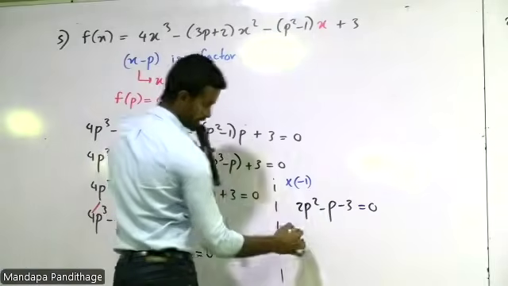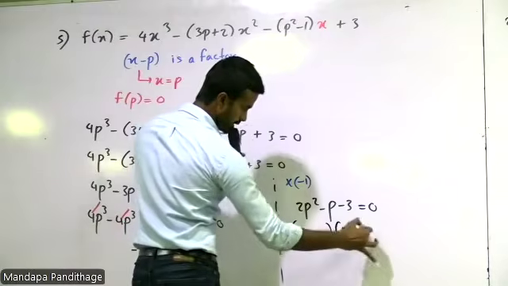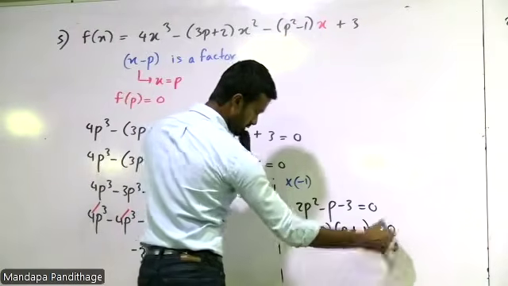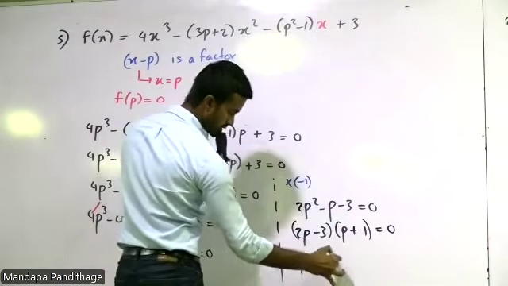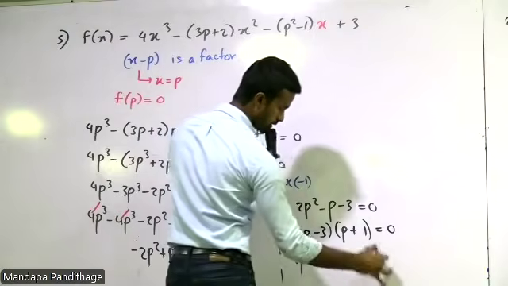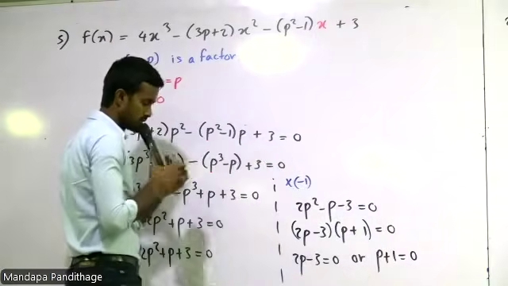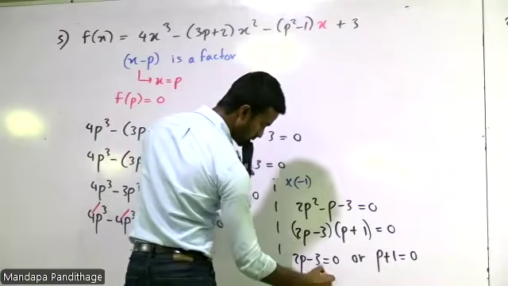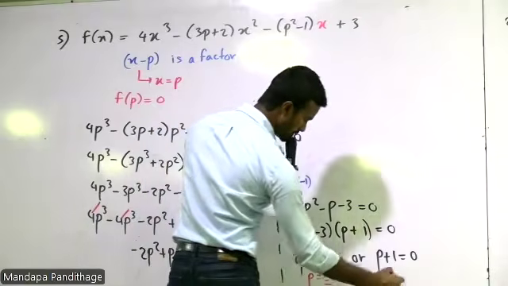Okay, here, when you factorize, it's (2p minus 3)(p plus 1) equals 0. You are getting two answers. 2p minus 3 equals 0 or p plus 1 equals 0. So I'm getting two answers. p equals 3 over 2 or p equals minus 1.